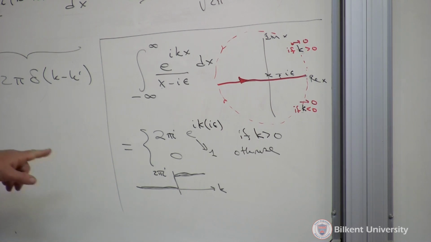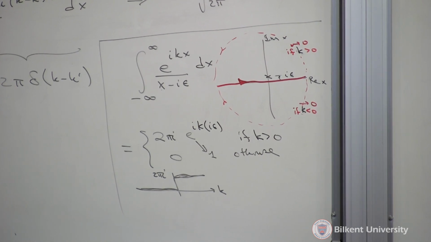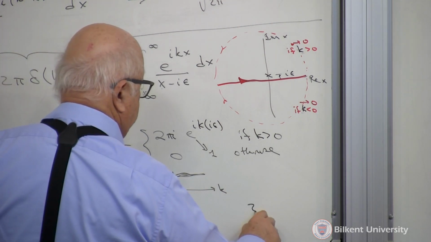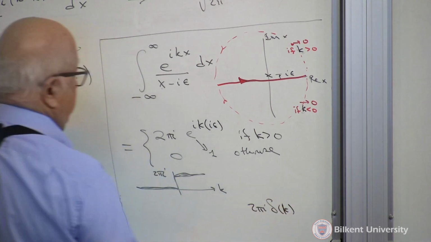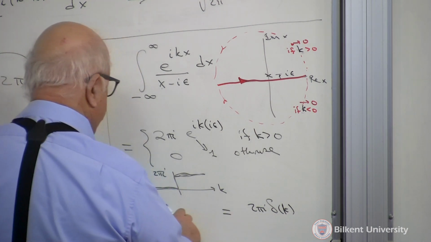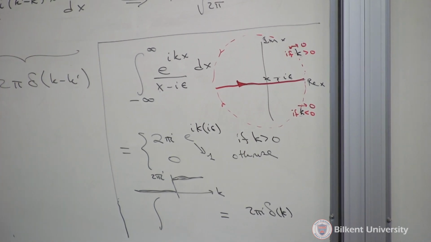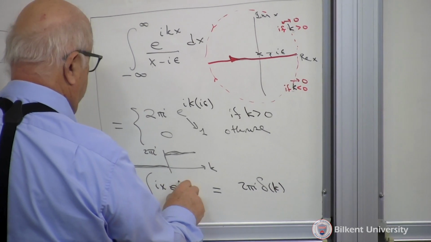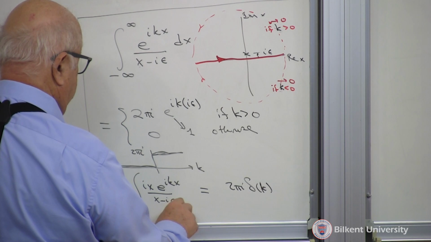Now if I differentiate this, the derivative of this is going to give me 2 pi i times delta of k. So I have to do the same thing to the integral. Differentiating with respect to k, it's going to bring down an i x, e to the i k x divided by x minus i epsilon.